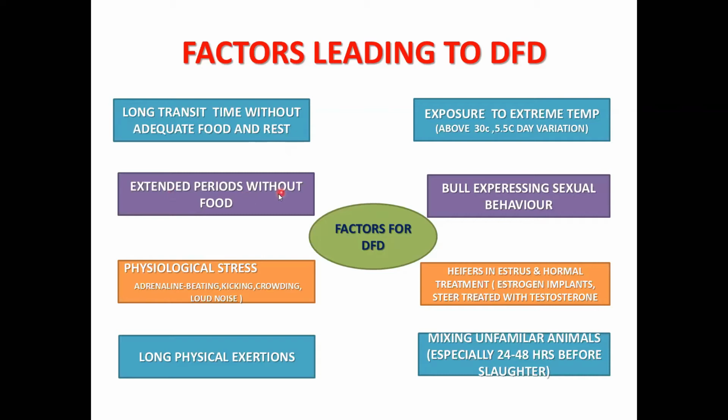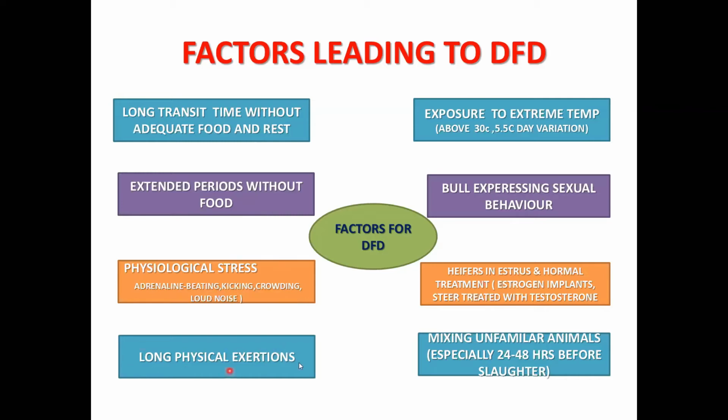An extended period without food, that is, long starvation before slaughter, can also lead to the DFT condition. The third factor is beating the animal, kicking it, howling at it, or making loud noise. This puts the animal in fright and leads to the release of adrenaline, which in turn results in a reduction in glycogen.